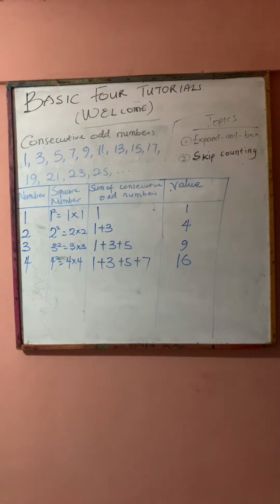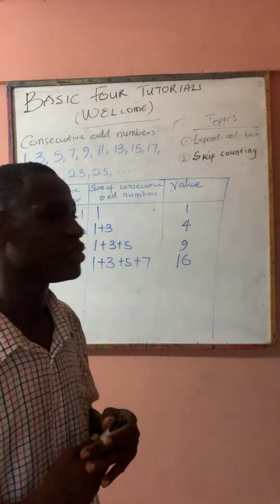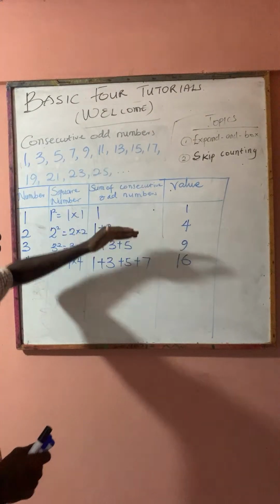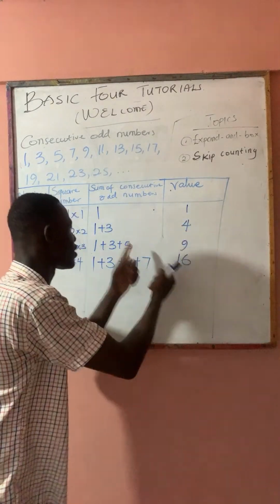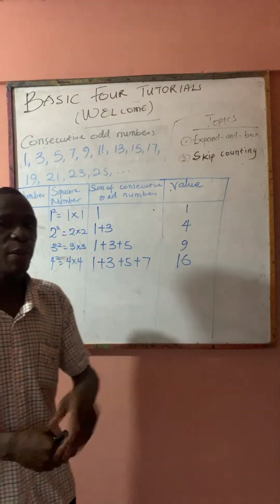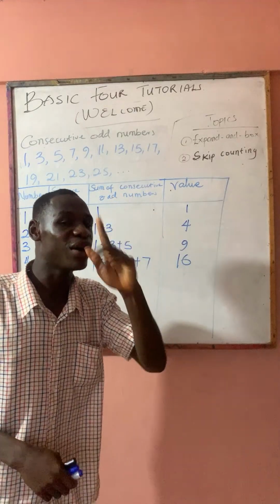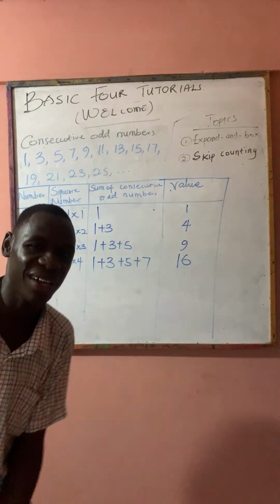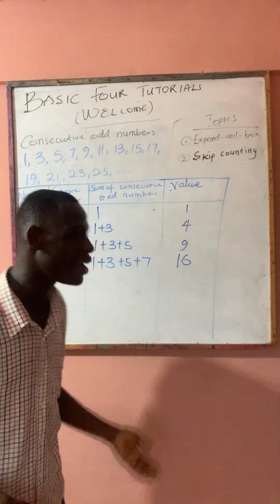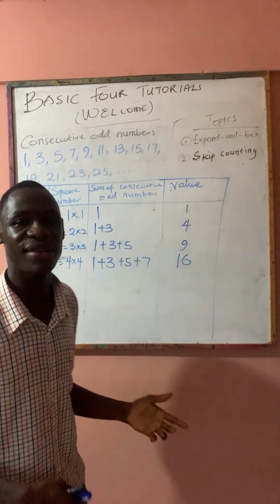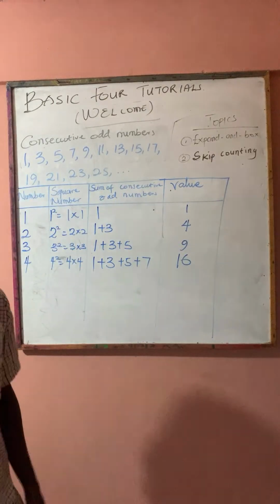All right, so let's make progress. Now, I want us to note one thing. For the first numbers, we used the value to get the consecutive odd numbers, but that's not what it's actually supposed to do. We're going to learn a trick that will help us find the square of every number using the sum of consecutive odd numbers before we find the value.